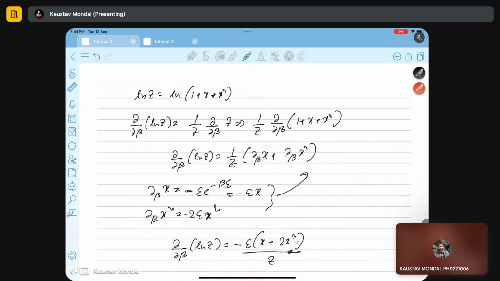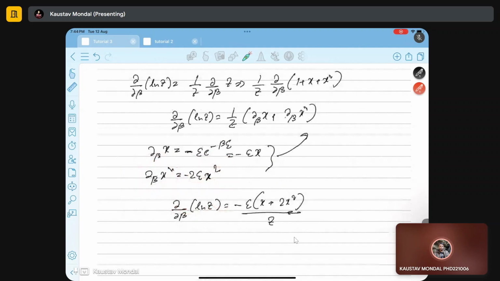So del x by del beta is simply minus epsilon x. Similarly, x squared derivative with respect to beta will give you minus 2 epsilon x squared. So after doing all this substitution, del beta of ln Z, you will get this expression, simply minus epsilon x plus 2x squared by Z, the partition function again.